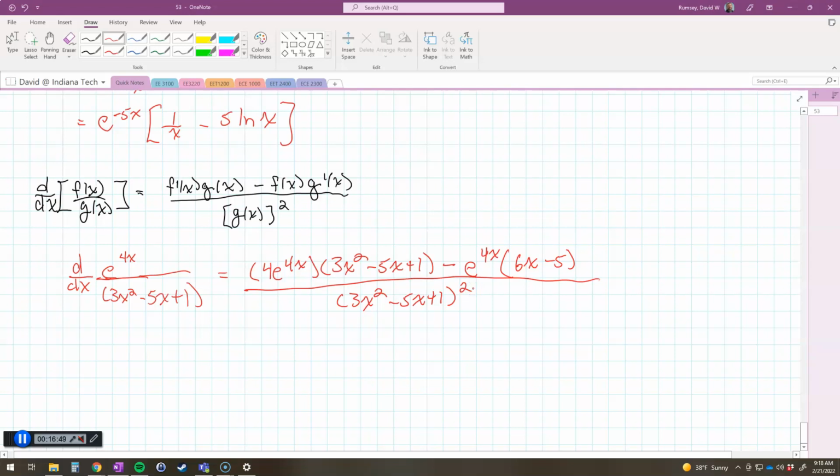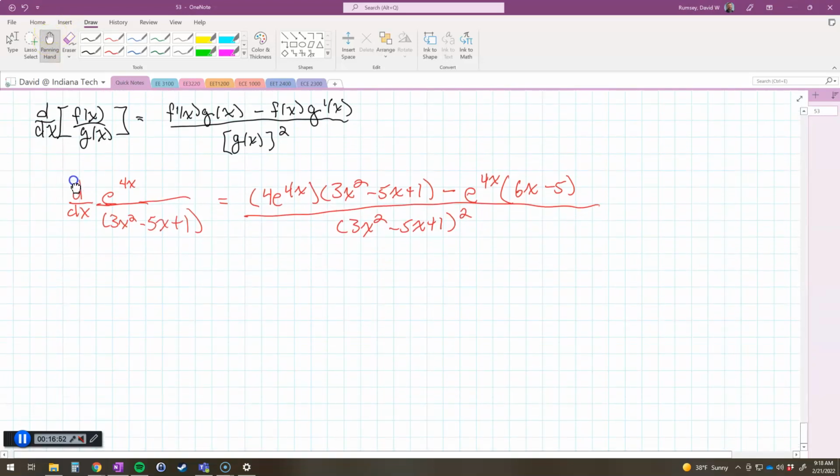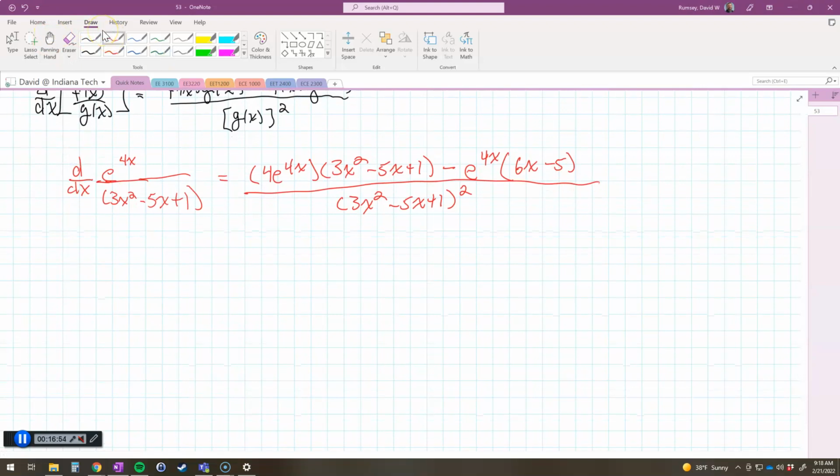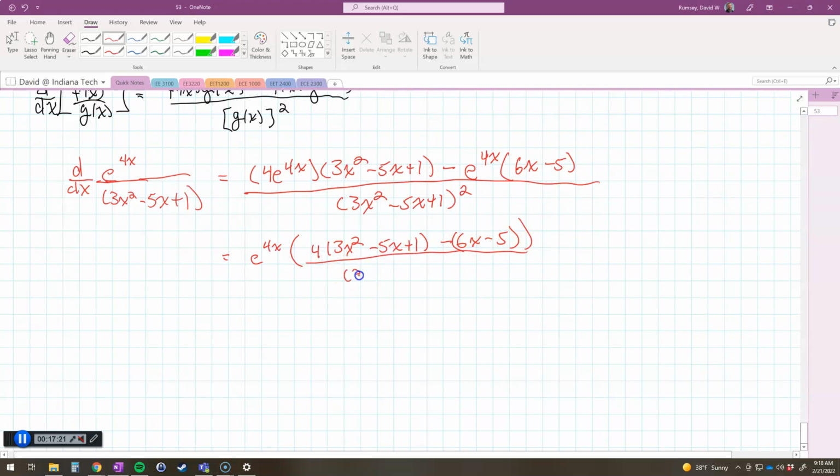Again, depending on how your instructor wants you to simplify these things, you can maybe leave it as is, but from the top, I would go ahead and factor out an e to the 4x, and I would be left with 4 times 3x squared minus 5x plus 1 minus 6x minus 5 in parentheses, divided by 3x squared minus 5x plus 1 quantity squared.